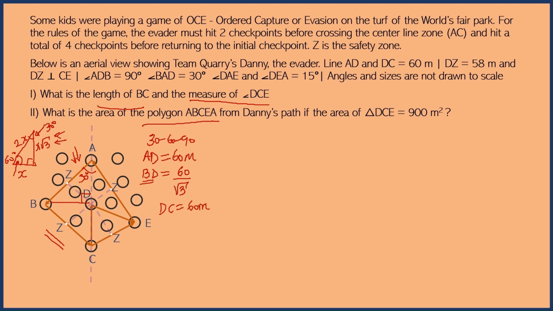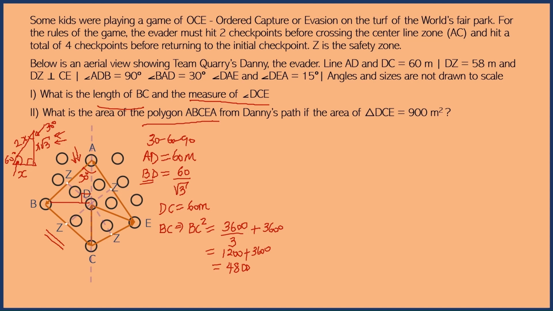So BC squared is equal to 3,600 over 3 plus 3,600, which is equal to 1,200 plus 3,600. So this is equal to 4,800.